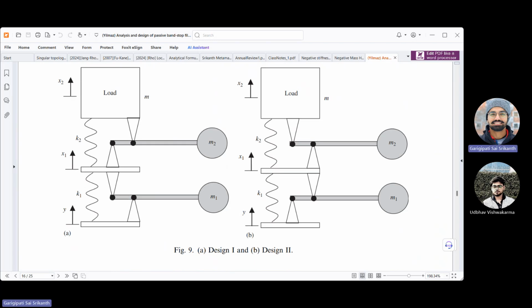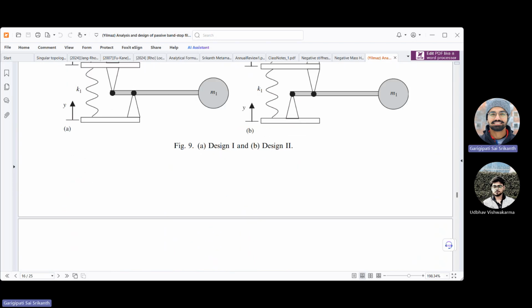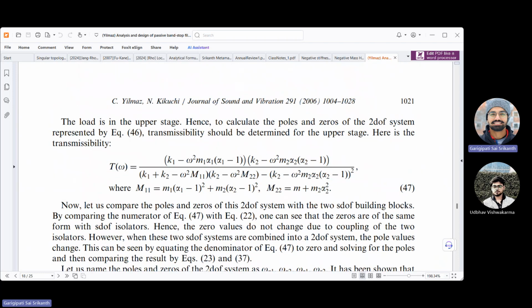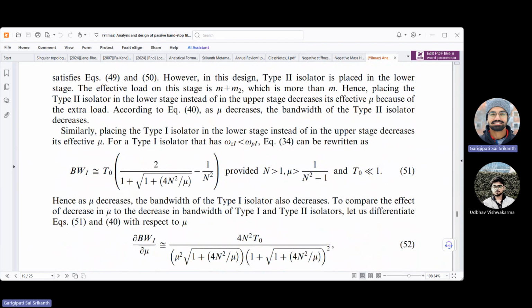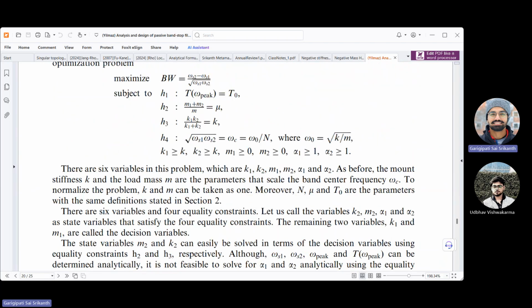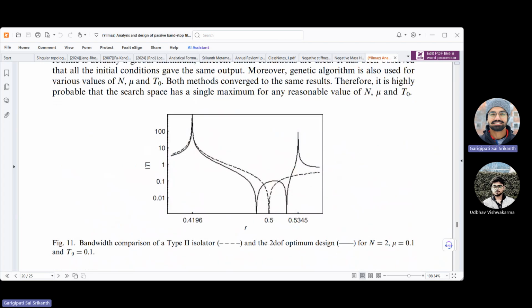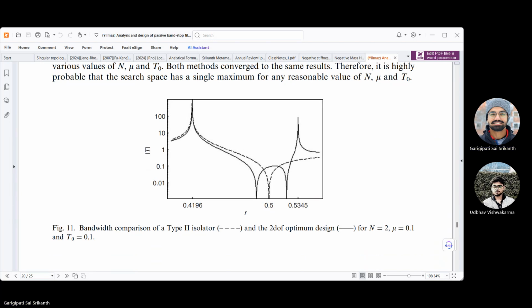Yeah. So now I think there are more degrees of freedom here, and it's just experimenting with the types of connections. Somewhere there they have tried finding, so they call this solid line the optimal design because there's a dip here. There's a really nice dip around 0.5 in transmissibility. Earlier that dip was not there, only the peak was shifted.